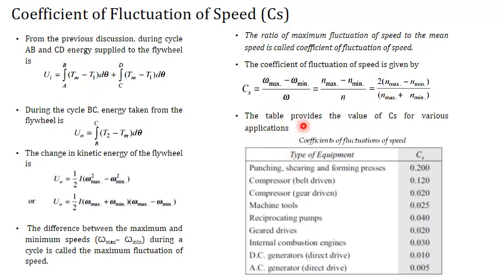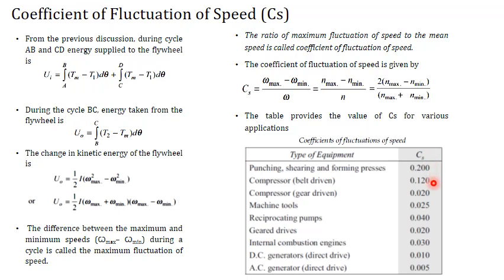The table below provides the coefficient of fluctuation of speed for various applications. Now in these applications we can see for punching, shearing, and forming presses, the fluctuation of speed is 0.2.